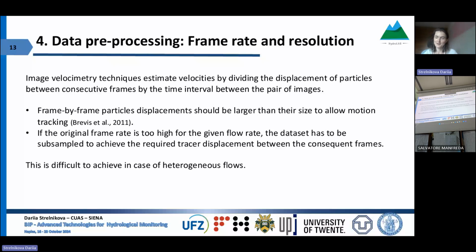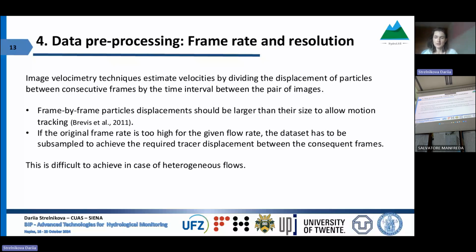This is a lot of frames, and not necessarily all of them contain optimal tracer distribution or optimal displacement between the tracers. Because for many image velocimetry techniques, especially particle tracking velocimetry, we need a certain minimum displacement between the features in consecutive frames in order to be able to derive meaningful trajectories.